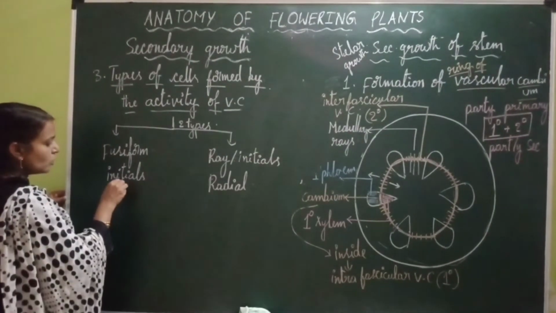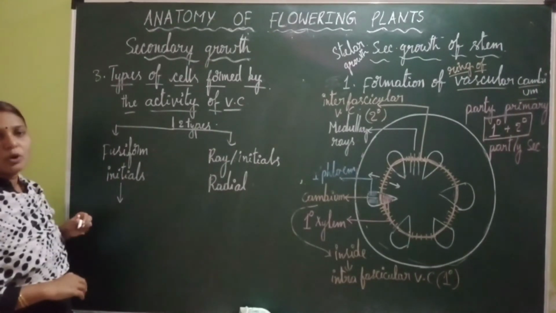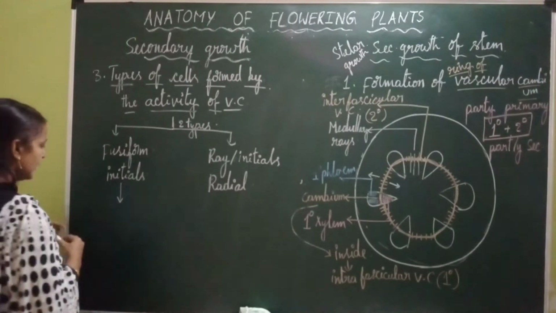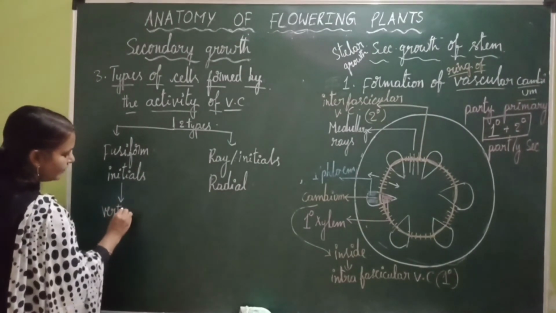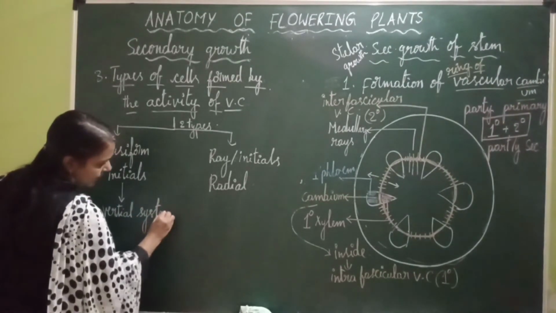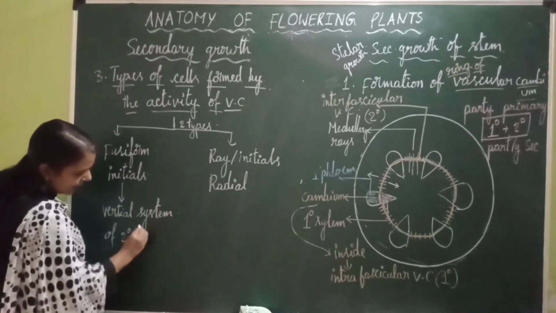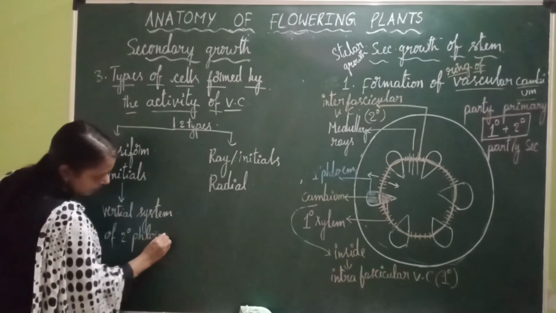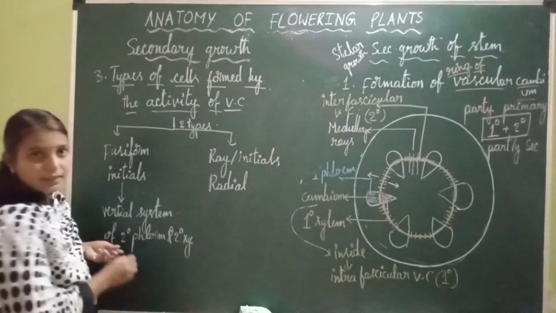So, these fusiform initials are involved in the formation of the vertical system of secondary phloem and secondary xylem. What is this vertical system?